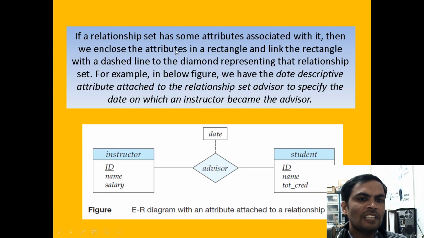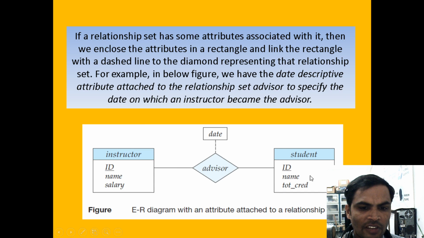If the relationship has some attributes associated with it, then we enclose the attribute in a rectangle, and the link of the rectangle is a dashed line. Now see here, between the instructor and the student, the relationship is given with the diamond symbol, and the diamond is also connected with a dashed line.